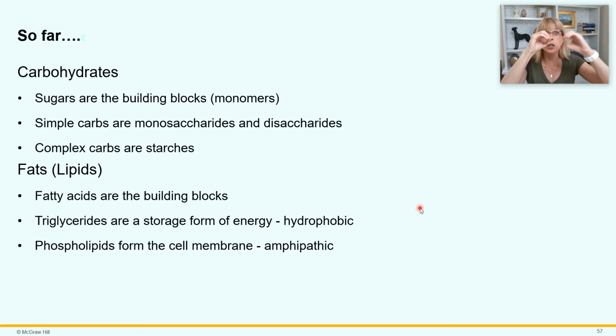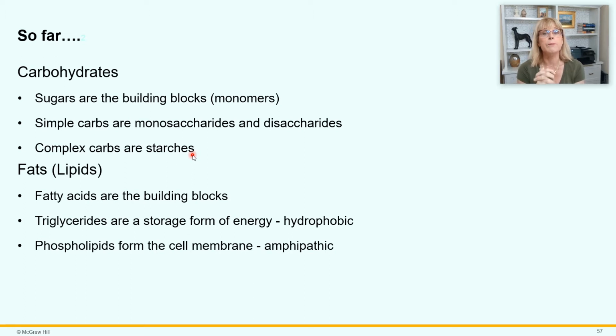And when you put lots of monosaccharides together, you've created a complex carbohydrate, an example of which would be a starch. And we know that in the human body, a good example of a starch is the glycogen that our body makes in order to have really short-term storage of energy.